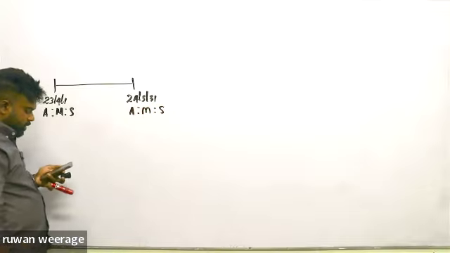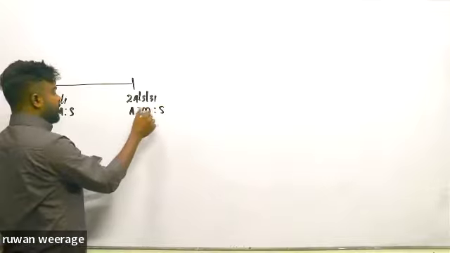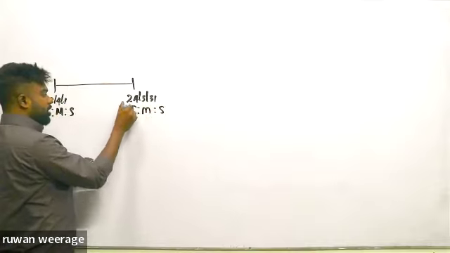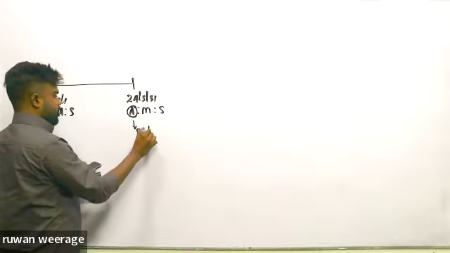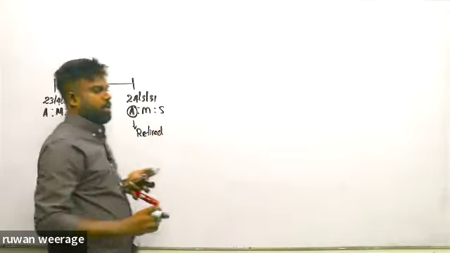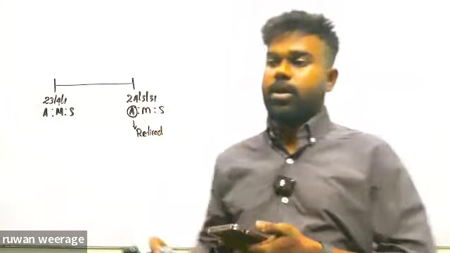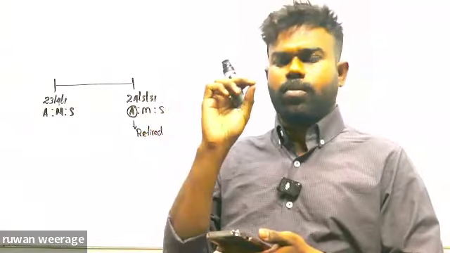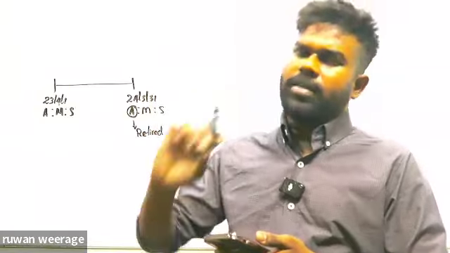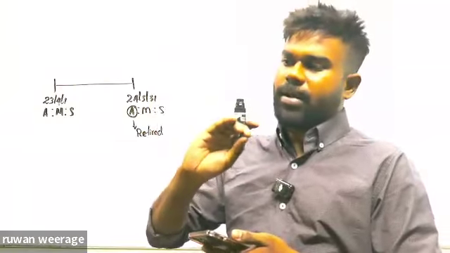Look at row number 6. Row number 6 says Amit has retired from the partnership on 31st March. So Amit retired. Clear? Amit retired from the business on 31st March, the end of the year. So should we provide 3 benefits to Amit? For all partners, should we provide 3 benefits?